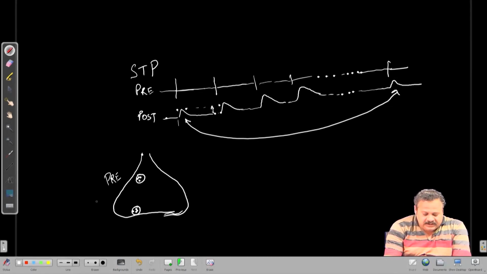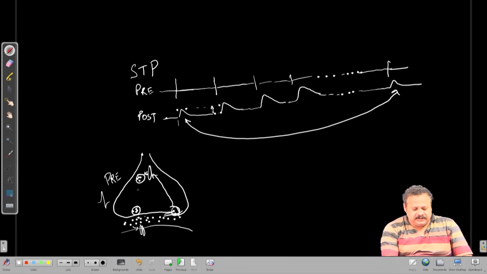So, when there is an action potential presynaptically, we know that these neurotransmitters are released into the synaptic cleft. Many of them go and bind to the receptors on the postsynaptic side and cause neurotransmission, and after that many are left to be taken back up, endocytosed into the endosomes and then back into synaptic vesicles.